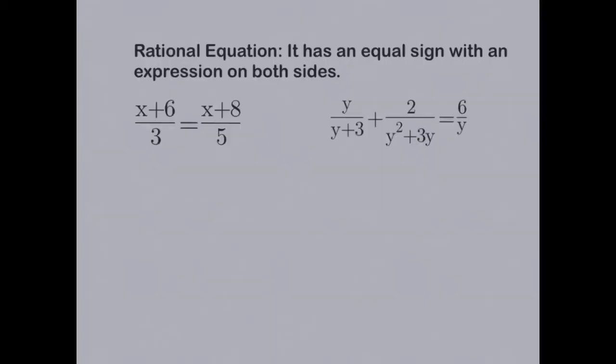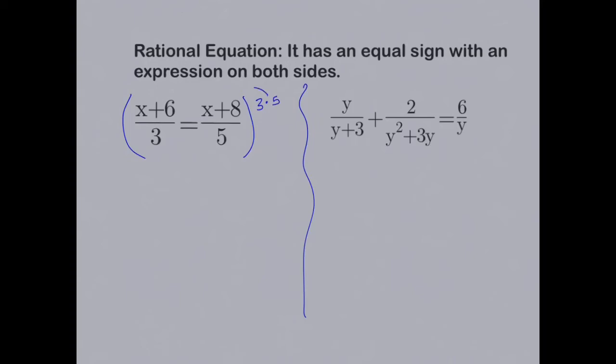All right, so now let's look at another example, one that we haven't already factored. If you look at this, the one on the left is already factored because everything's linear or constant. In this problem, we want to get rid of the denominators, so we're going to multiply both sides by 3 and by 5.